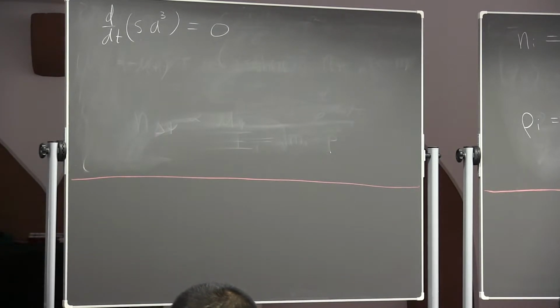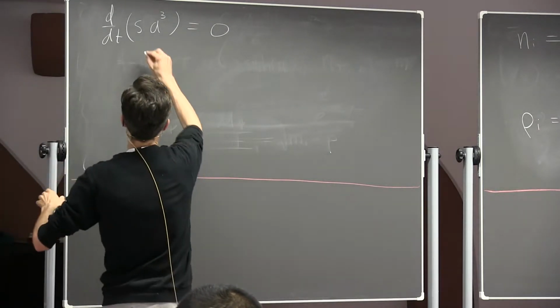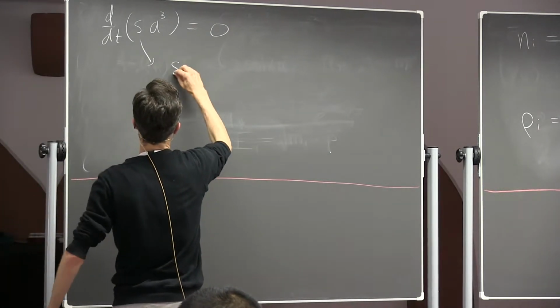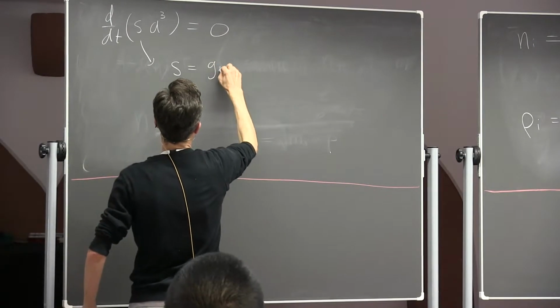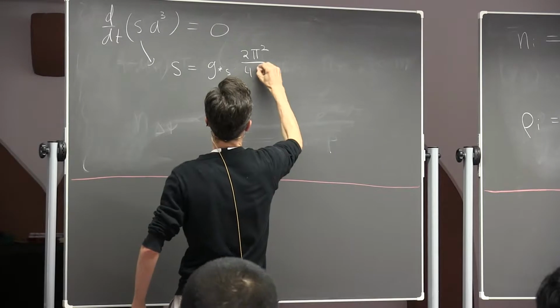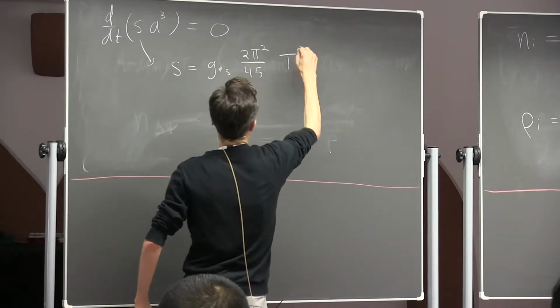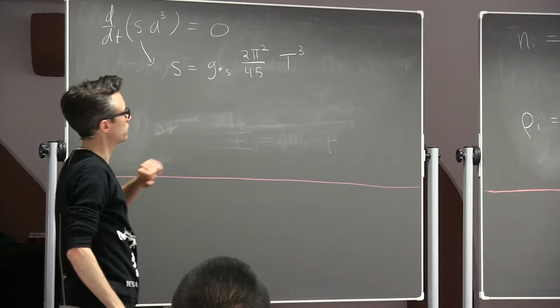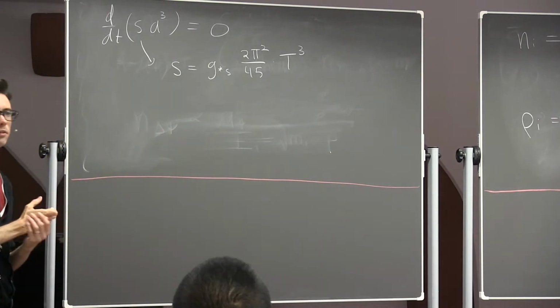So unless something weird happens, this quantity is constant. Where this entropy density turns out to be G star S times an uninteresting numerical factor times T cubed. Where this G star is like the other G star, it counts the number of effective degrees of freedom.